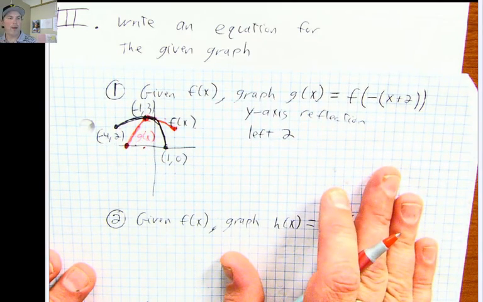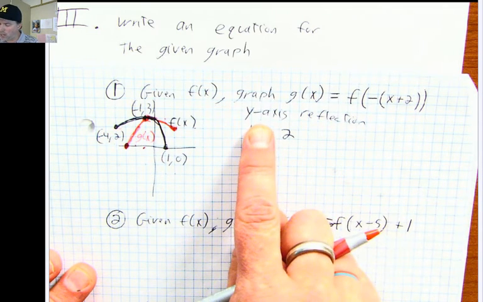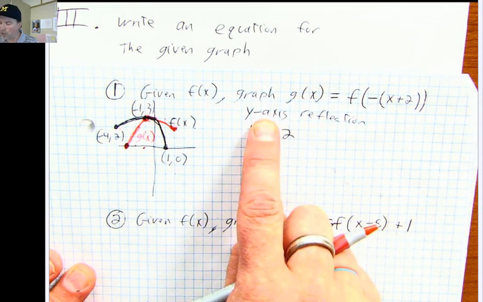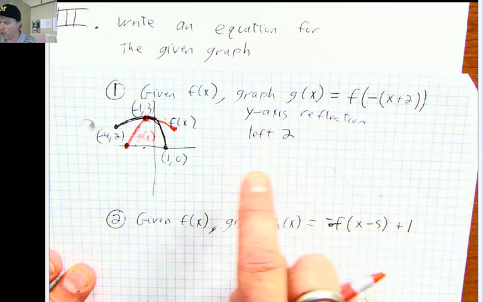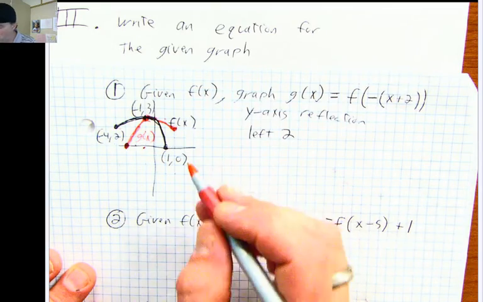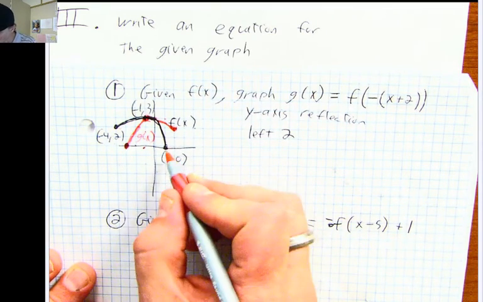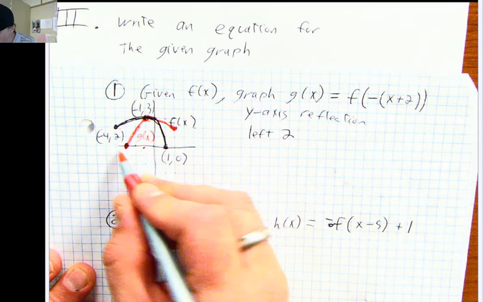Now, before I conclude with this problem, is it okay to do the reflection and then left 2, or should we go left 2 and then do the y-axis reflection? Well, let's see. This 1, 0 point, I reflected over the y-axis and I went left 2.